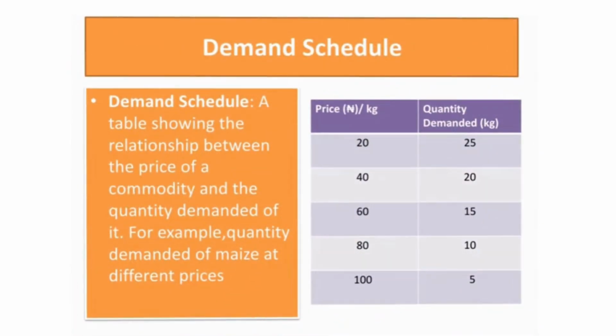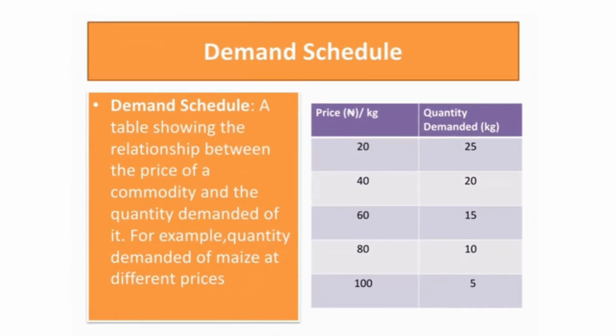Having defined demand as the quantities of goods and services that consumers are willing and able to buy over a given period of time, we can look at the demand schedule, which is just the baseline for drawing a demand curve.